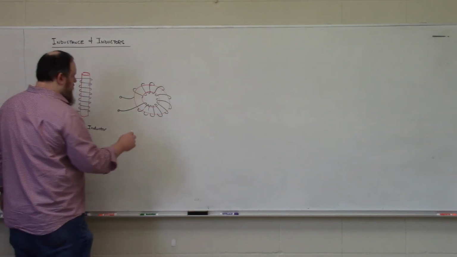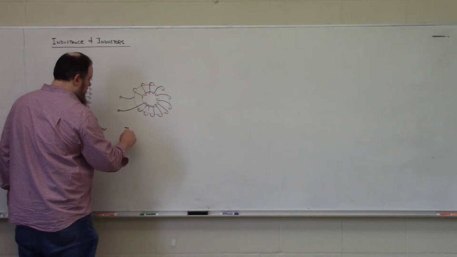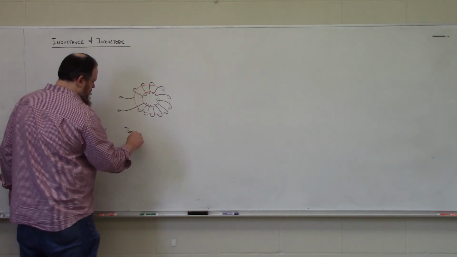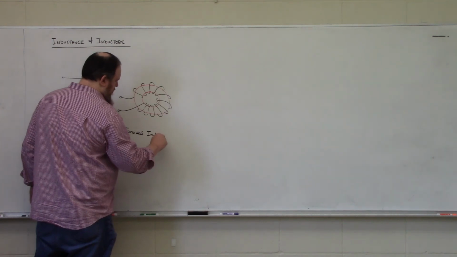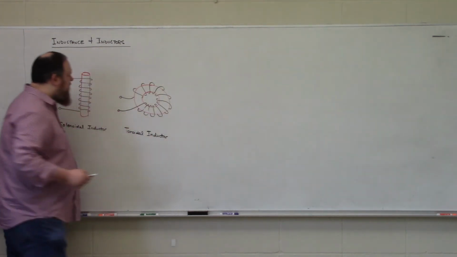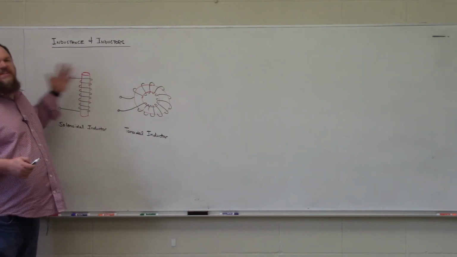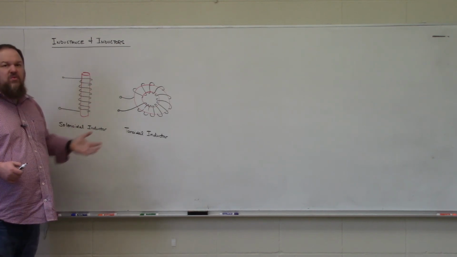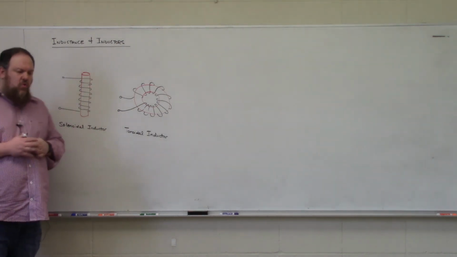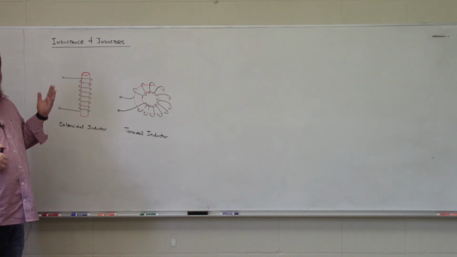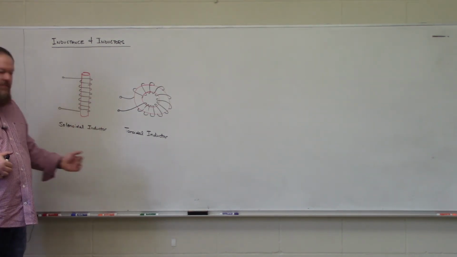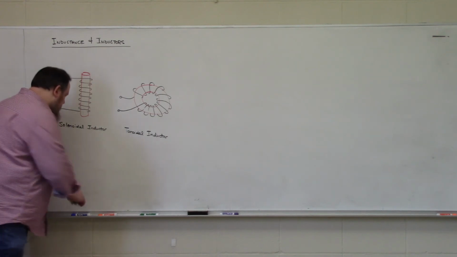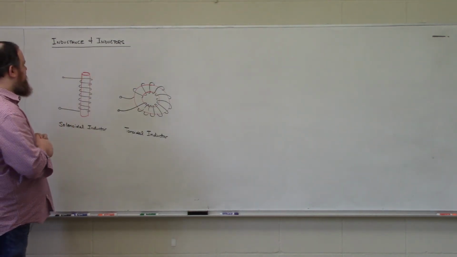This is what would be called a toroidal inductor. So in both cases, it's really just a section of wire wrapped around this core. Now the core here absolutely helps maintain the shape of the coil, but it's typically made of ferromagnetic material like iron.